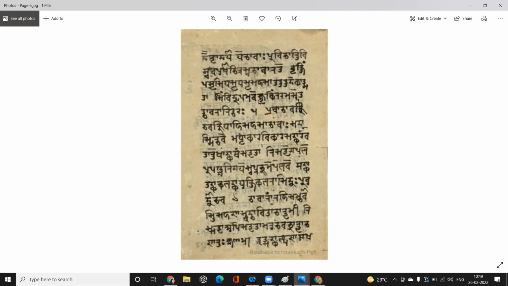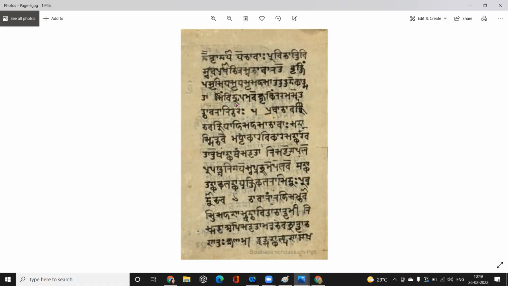This is ksha, ka and sha, and at the bottom we have ya. Veronica, just before that ksha, 3 letters before it, could you just explain the 3 letters before?